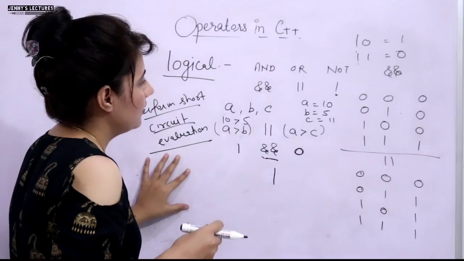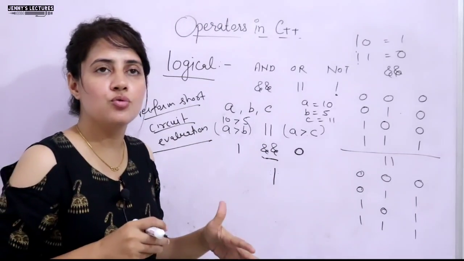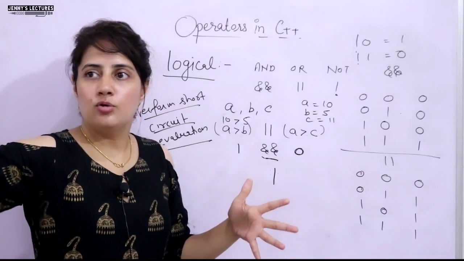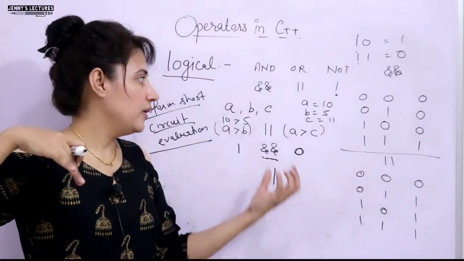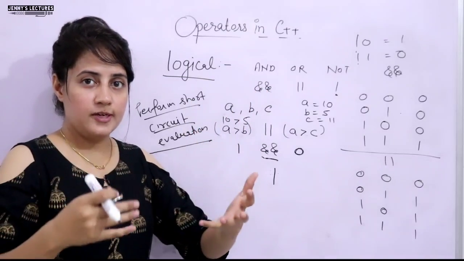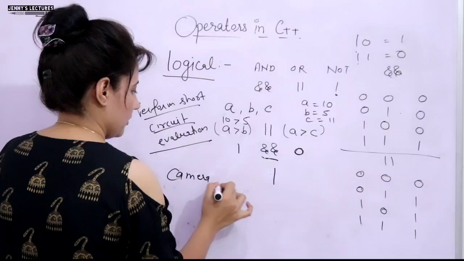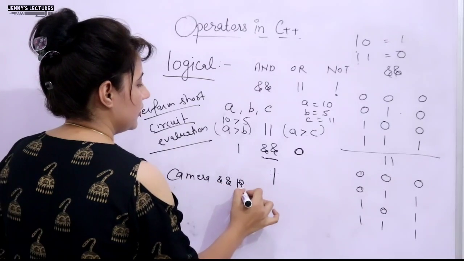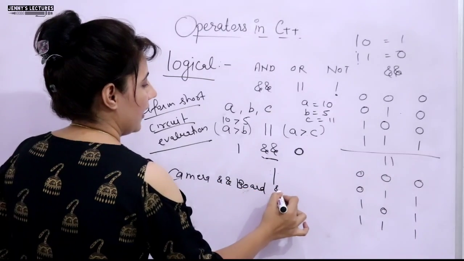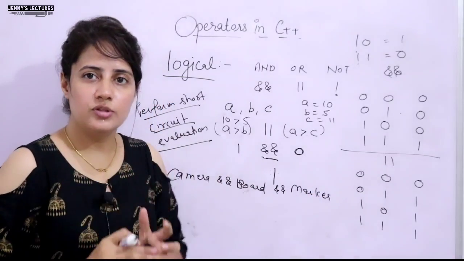In some situations, maybe you want to check 2, 3, 4 conditions, and we want all the conditions to be true. Then only we can do something. For that you will use the logical AND operator. Suppose I say, if camera is there and whiteboard is there and marker is there, then only I will shoot the video.